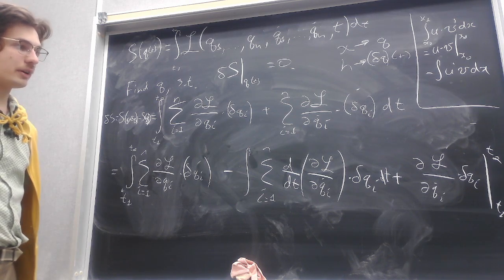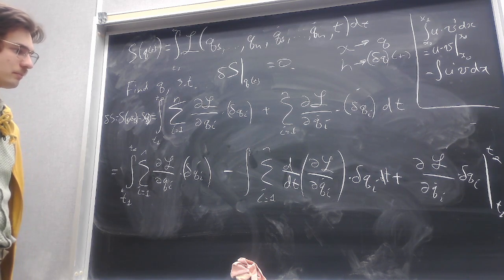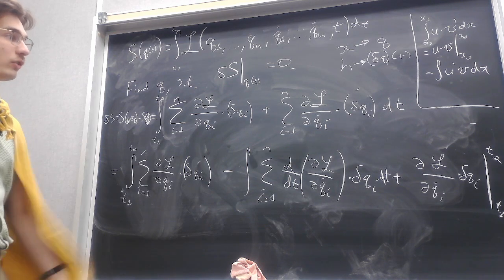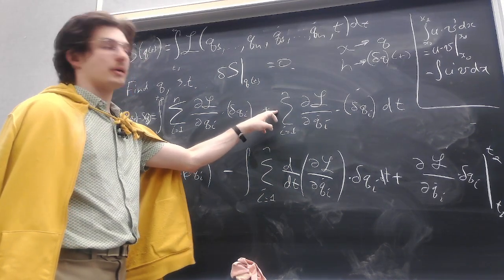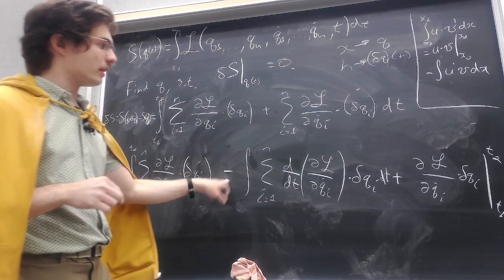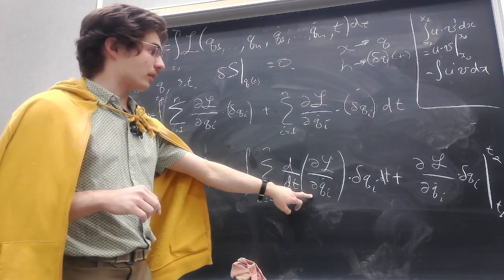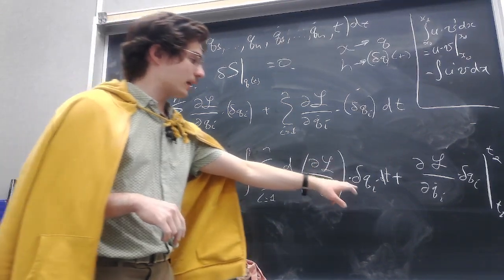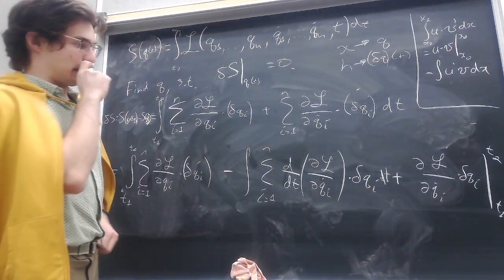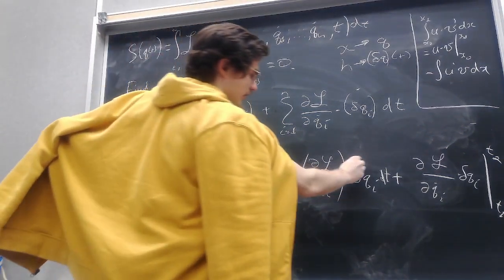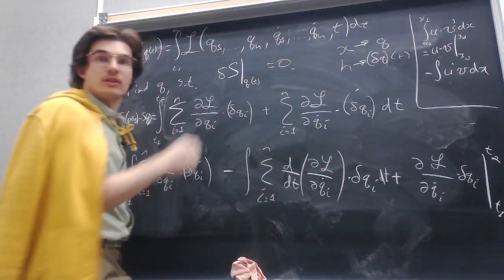Do we see how we got here? Maybe. Yeah. With some luck. So all I did is I integrated this by parts. That's all I did. So that's why you have a minus here. The time derivative moved onto this derivative term. And yeah, the delta qi is my function, which I add to q.